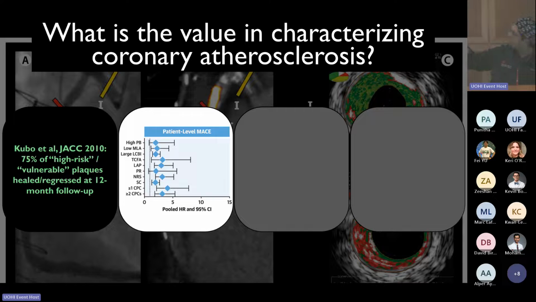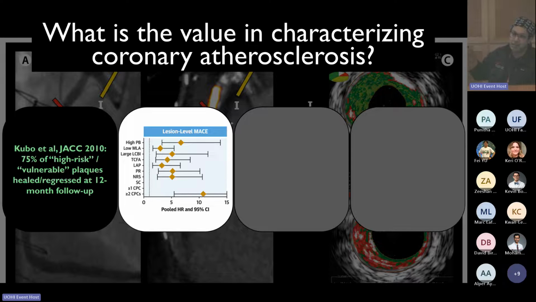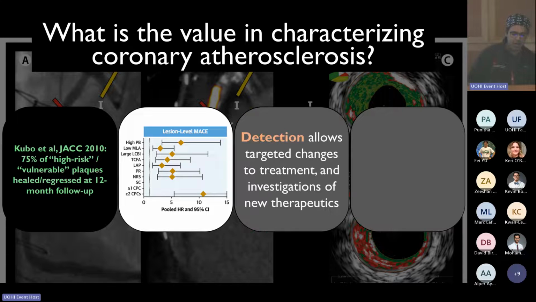And I'm going to get into some of these individual metrics here, but not all of them. But if you pool all of the different things that we look at and we call a high-risk plaque feature, a vulnerable plaque feature, then yes, that does confer a risk of adverse patient outcomes at the patient level and at the lesion level. So yes, high-risk plaques do absolutely confer a long-term negative outcome if they exist.